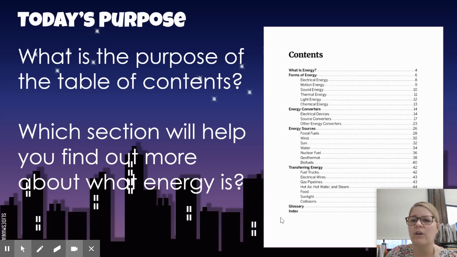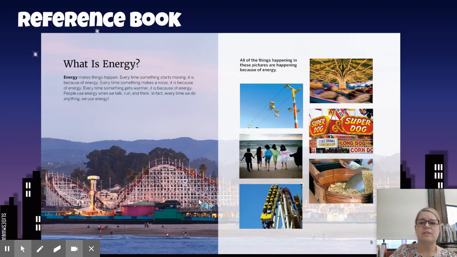So look at all your options, and can you tell me what page we should go to? If you said page 4, that is correct. If I'm looking up here in my table of contents, I see what is energy, and that's exactly what I'm looking for, page 4.